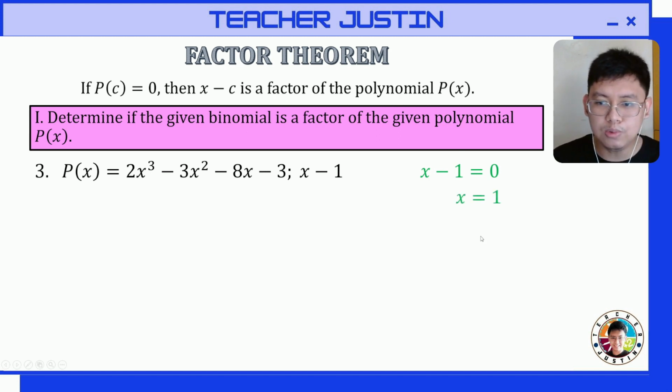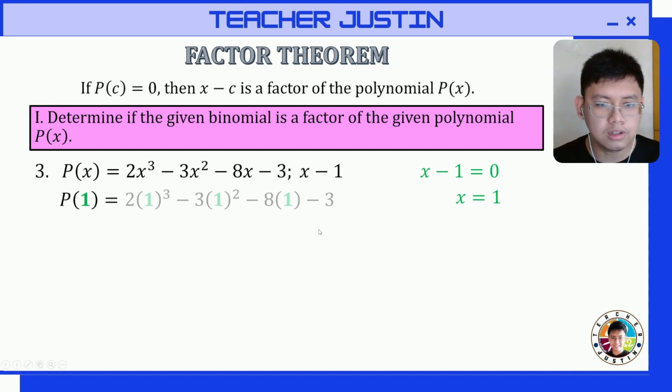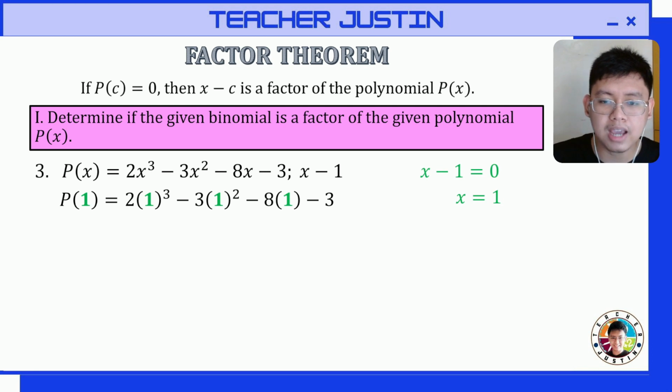That will be equal to 1. Then, let's replace all variable x na nakuha natin dito sa ating polynomial function by 1. So, we have p of 1 is equal to, so palitan natin lahat ng variable x by 1. So, 2 times 1 cubed minus 3 times 1 squared minus 8 times 1 minus 3.